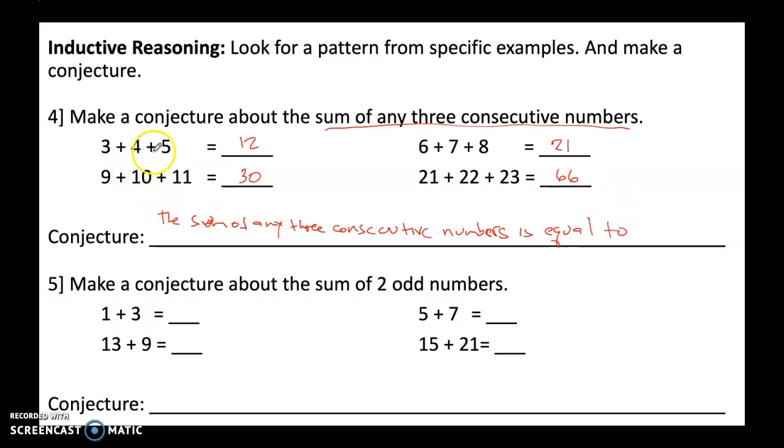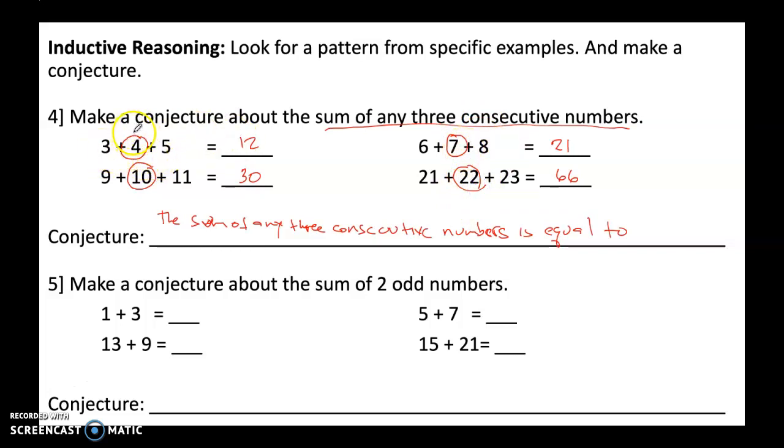Let's look for the middle term. The middle number of the consecutive numbers in the first example is 4. For the second example, it's 10. Third example, it's 7. And then we have 22. So how many numbers do we have?